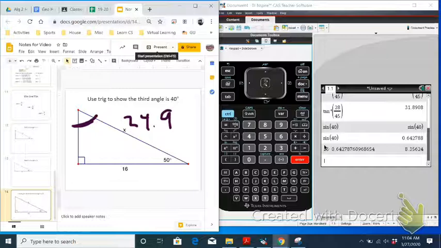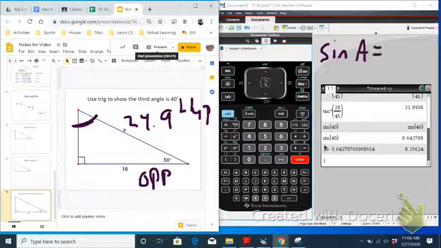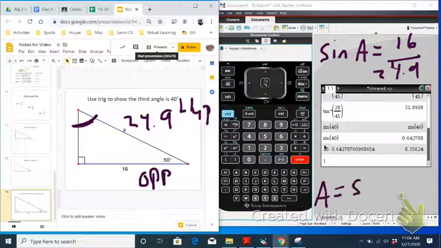So on the calculator we're going to do the sine inverse, because in this case this is the opposite leg and that's the hypotenuse, and sine is O over H. So the sine of that angle, we'll call it angle A, is equal to 16 over 24.9, which means angle A should equal the sine inverse of 16 over 24.9.